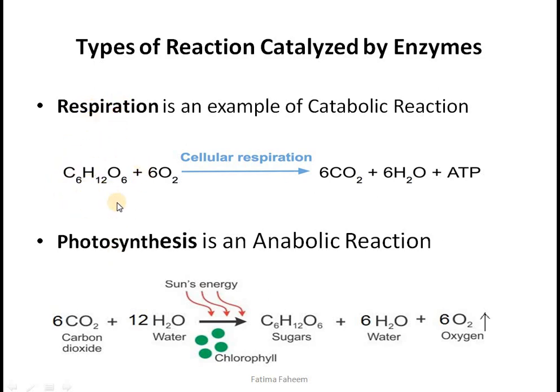So both of these reactions are going side by side in plants during the daytime. If you know that photosynthesis is a light dependent reaction, so in plants photosynthesis is happening only when the light is present, when the daytime is there. On the other hand, respiration is happening all the time because the plant needs ATP energy all the time.